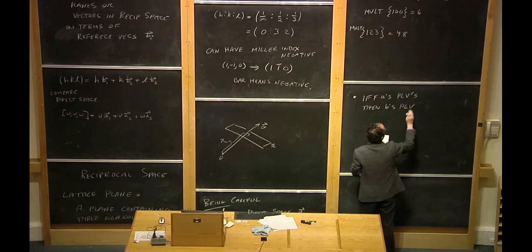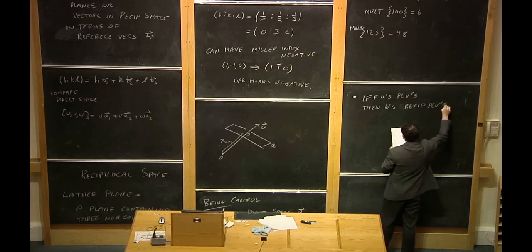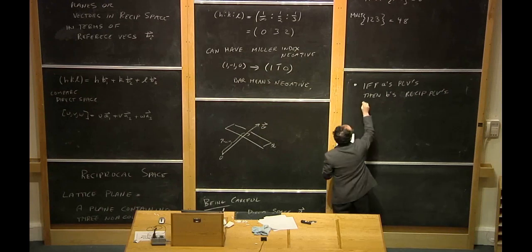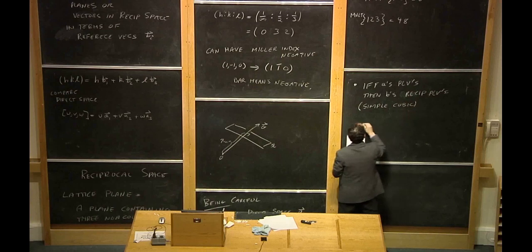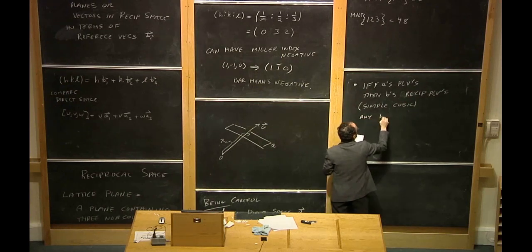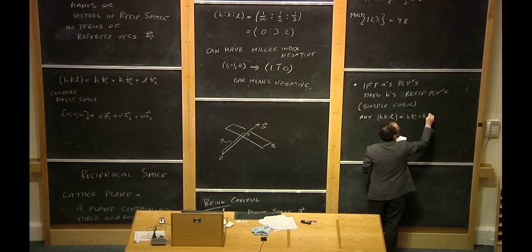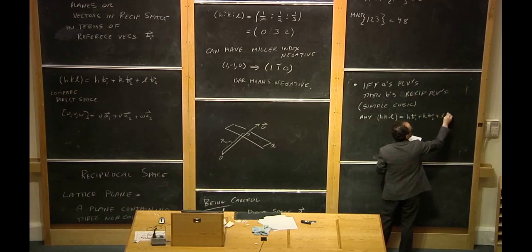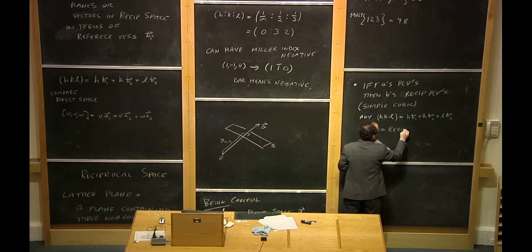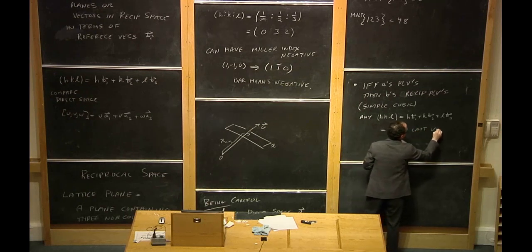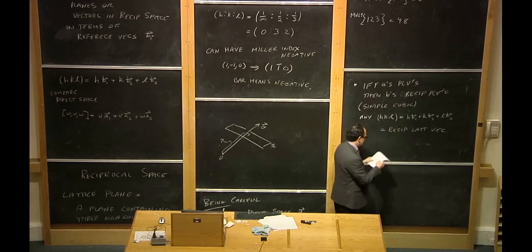For example, this is true for simple cubic, which means any HKL, H B1 plus K B2 plus L B3, which is the definition, is a reciprocal lattice vector, because integer sums of primitive lattice vectors give you an element of the lattice.